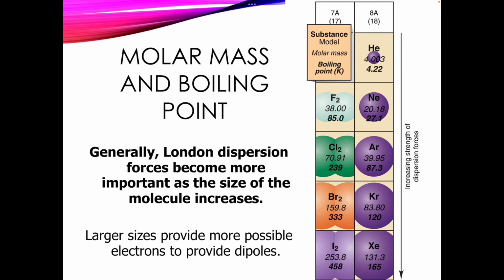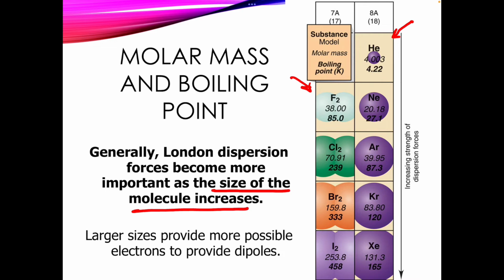All right, so since we have these London dispersion forces happening in noble gases and in nonpolar molecules, we need to be able to compare the strength of these London dispersion forces. Essentially, London dispersion forces become greater and greater as the size of the molecule increases.